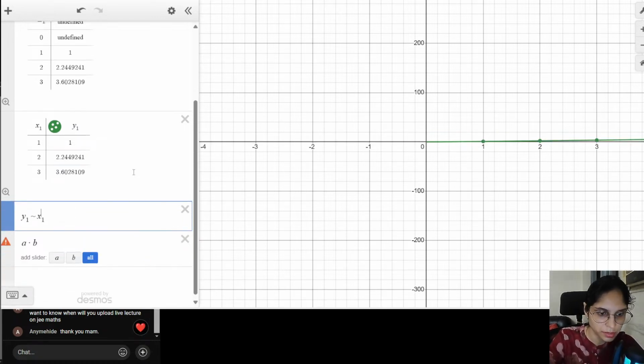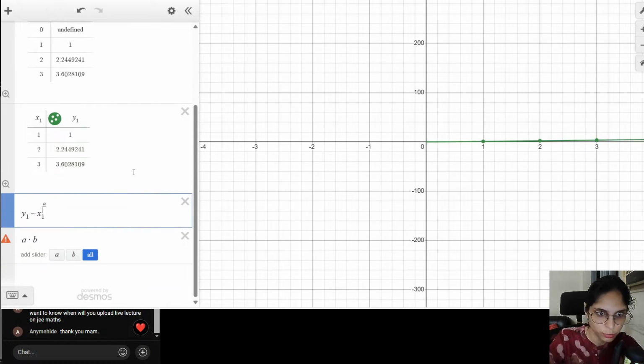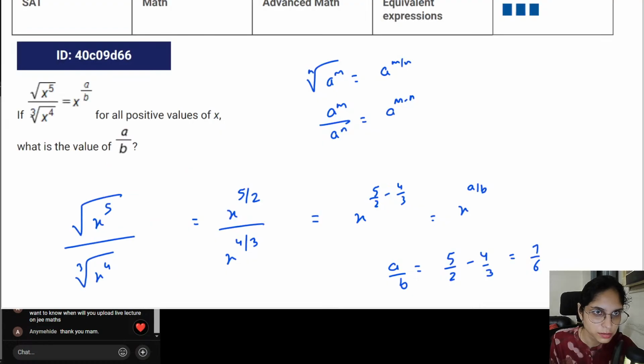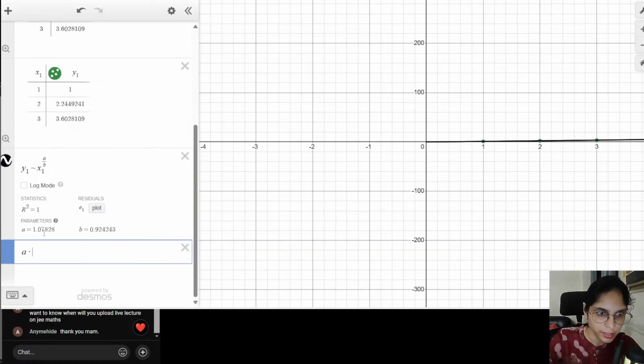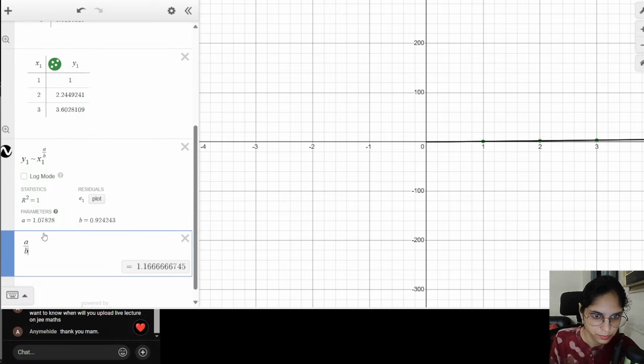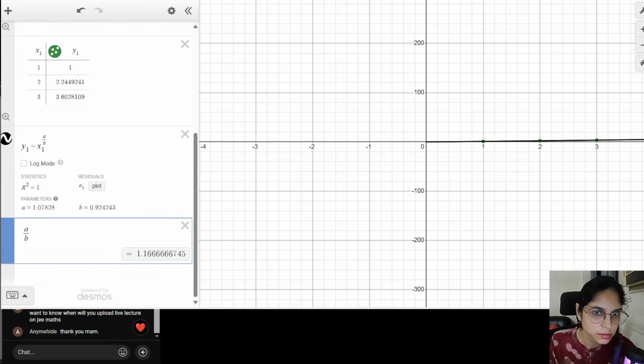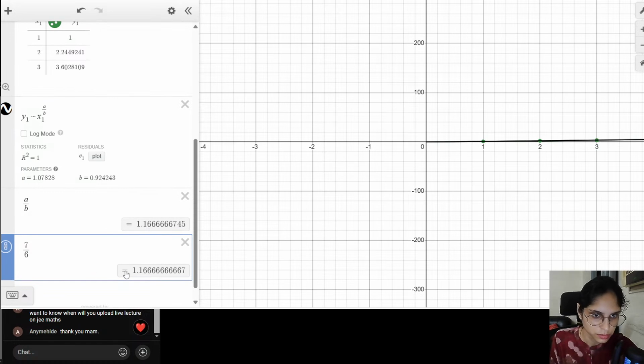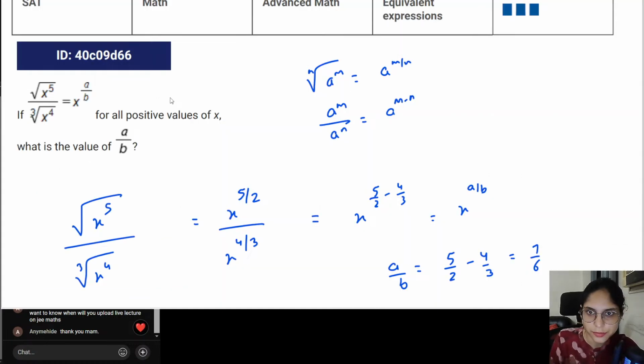So x1 to the power a over b. You've got the value of a and b. You have to find a over b. It's 1.166, getting 7 over 6. So yeah, 1.1666. Over here, it's not accurately correct, but yeah, you're getting almost the same answer.